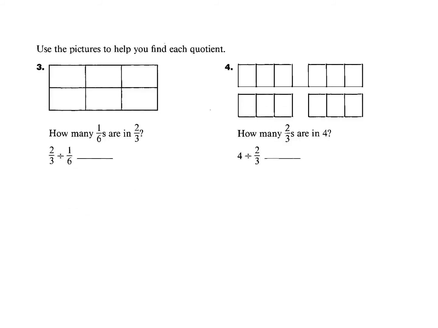Use the pictures to help you find the quotient. Number 3, how many 1/6 are in 2/3? 2/3 divided by 1/6. In our model, we have 2 rows and 3 columns. So the columns represent thirds because there's 3 of them.